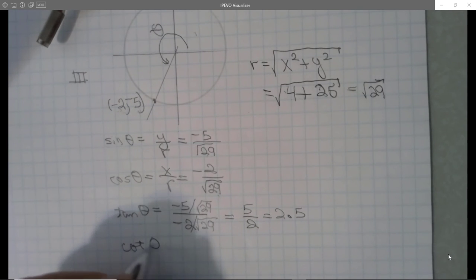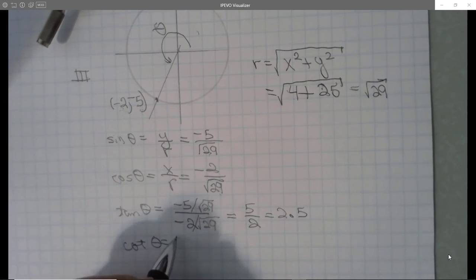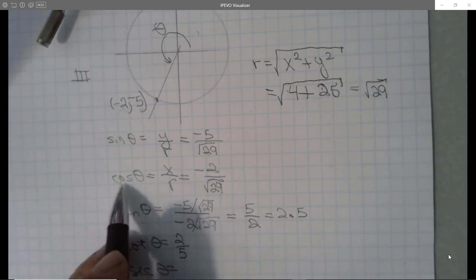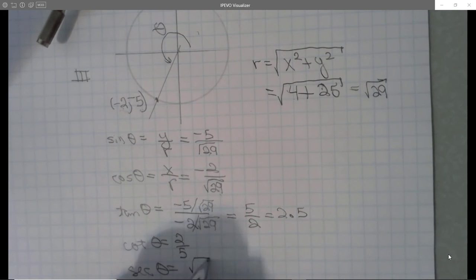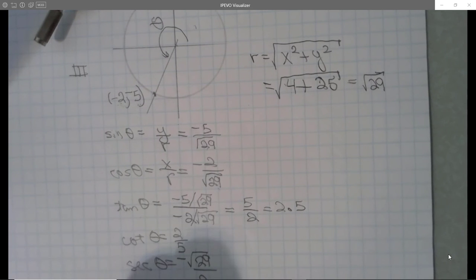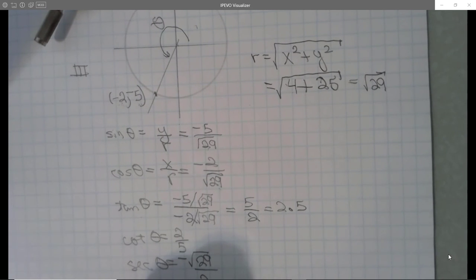So the tangent is 2.5, and the other 3 we get by taking reciprocals. The cotangent of theta is 2/5. The secant of theta, reciprocal of cosine, root 29 over 2, and that's negative. And the cosecant of theta is root 29 over 5, and that likewise is negative.